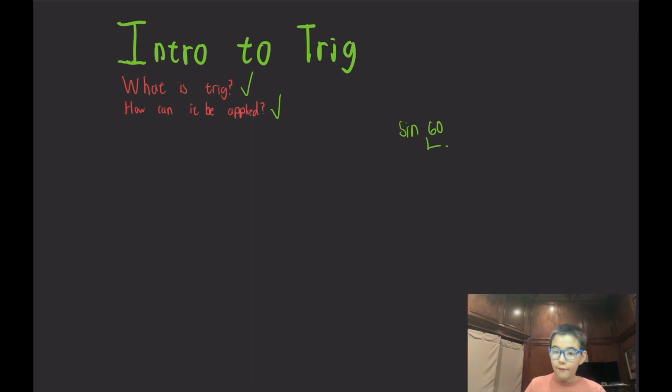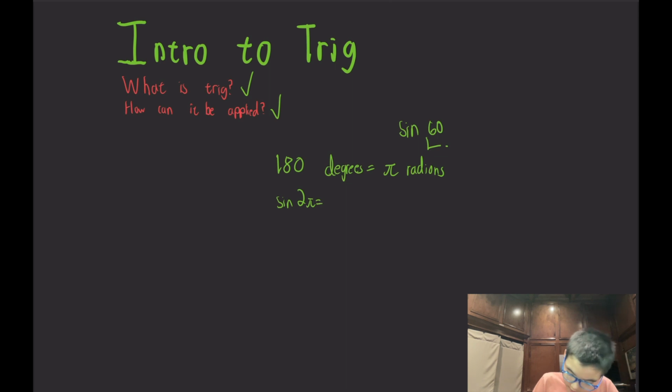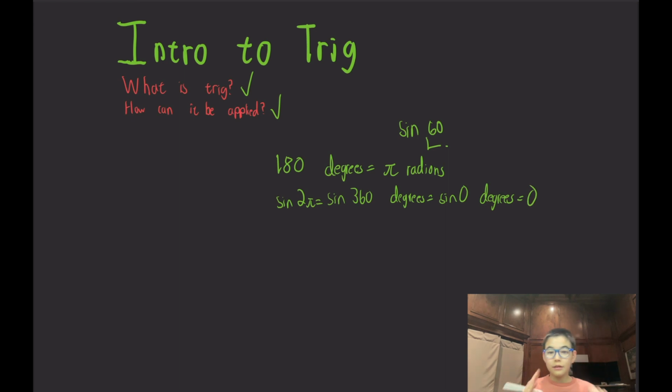So here's the conversion: 180 degrees is equal to pi radians. For example, sine of 2 pi is equal to sine of 360 degrees, which we can reduce to 0 degrees. And that's 0, because the sine is the y-coordinate, and that y-coordinate would be 0.